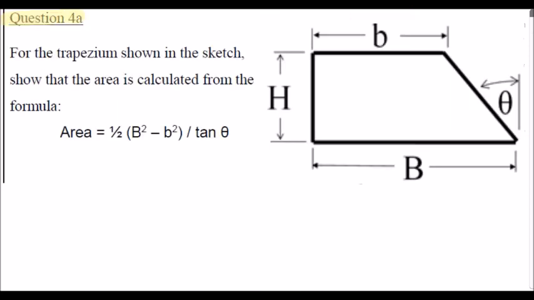Question 4a, for the trapezium, illustrated in the sketch on the right hand side here, we've got to show that the area is calculated from the formula as stated here. The overall approach to the solution for question 4a is very similar to that for question 3a.